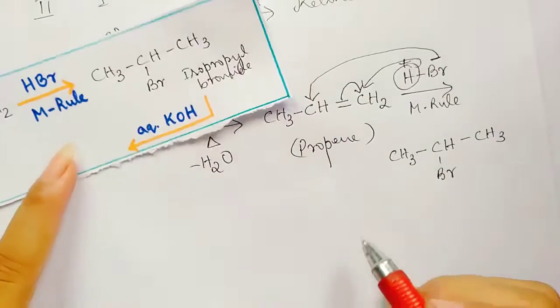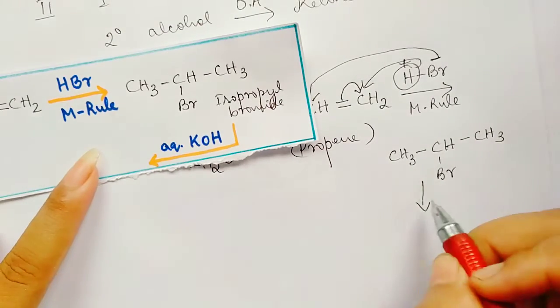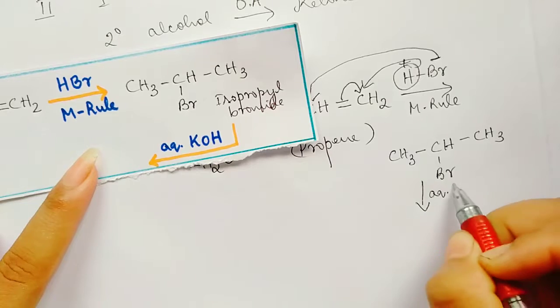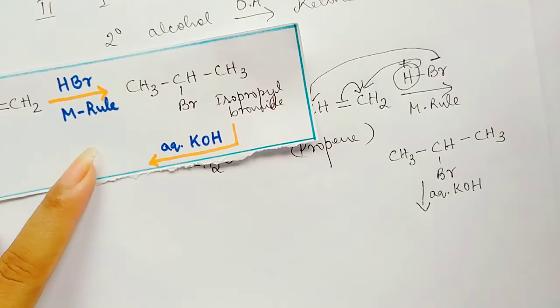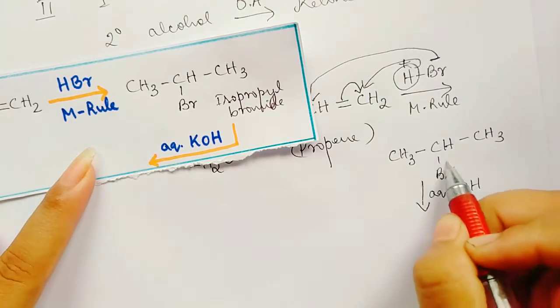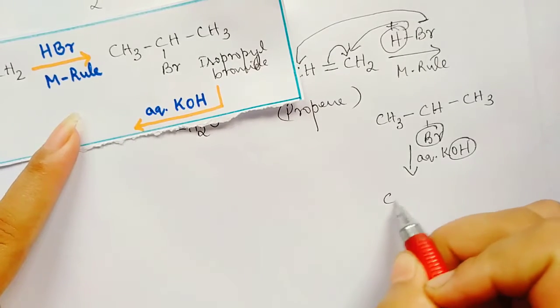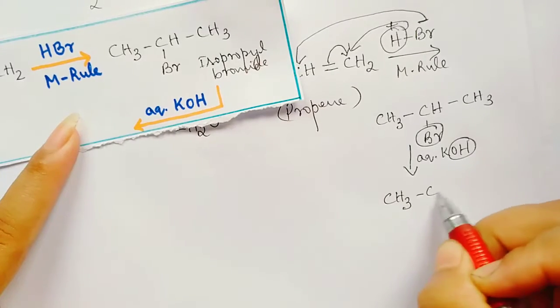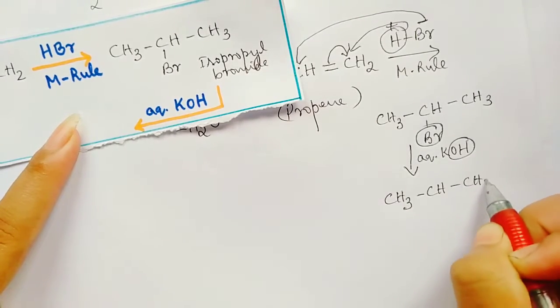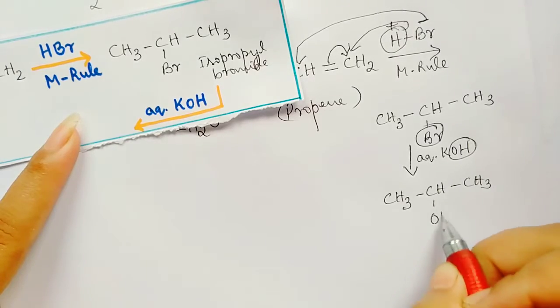Next, you are adding aqueous potassium hydroxide. So your bromine atom would be replaced by OH. So we have CH3, CH, CH3, OH.